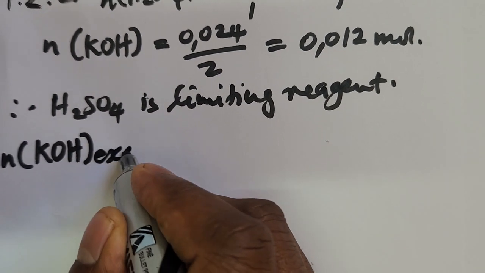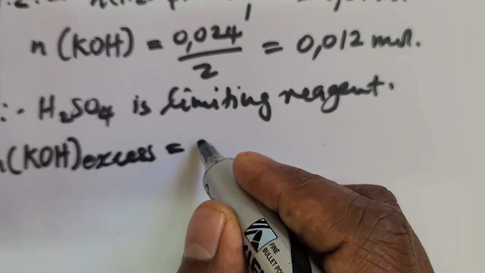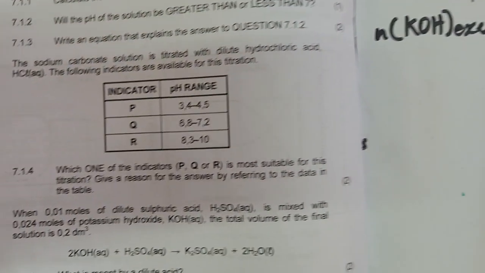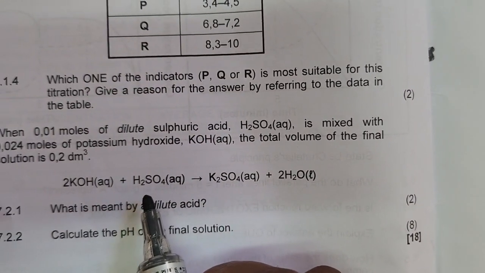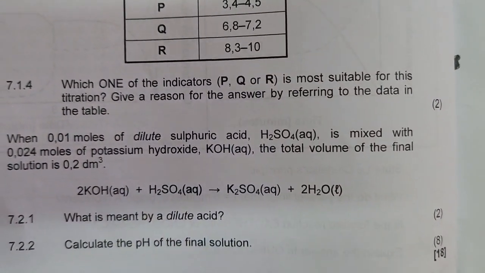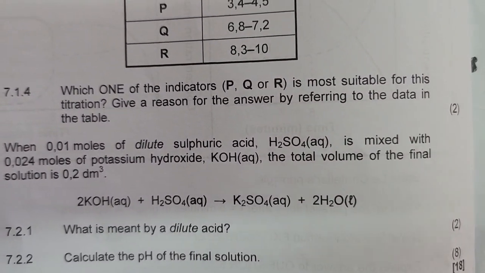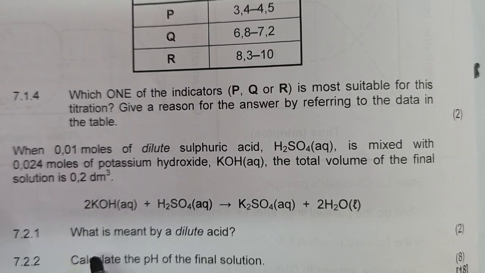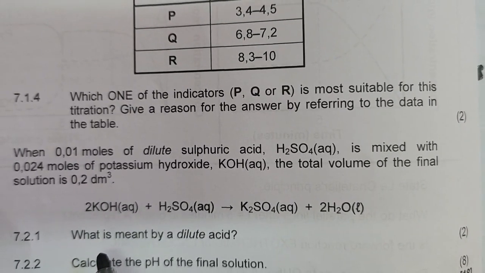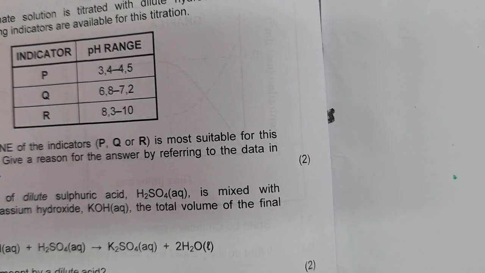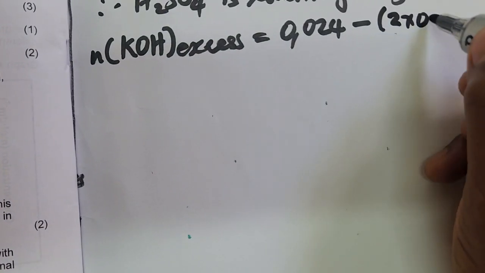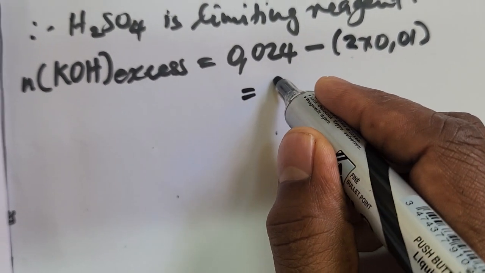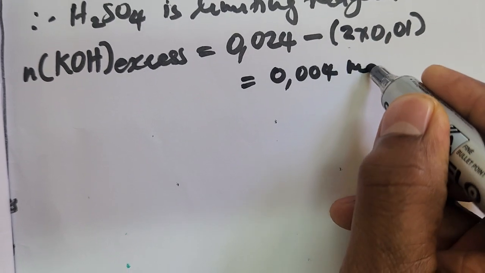The excess moles in this case will be 0.024. According to the reaction, this one will be used completely, that's 0.01. Then we'll have this one, 0.01, it will be 2 times 0.01, which gives us how much? 0.004 mole.